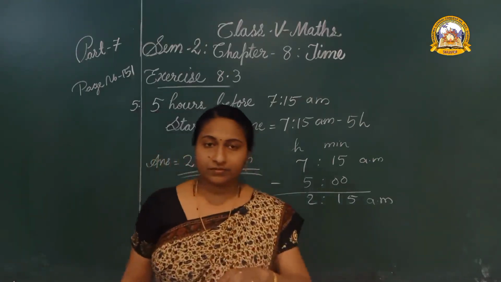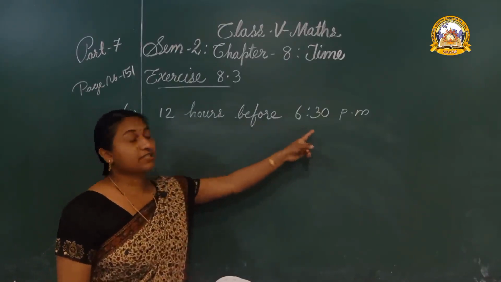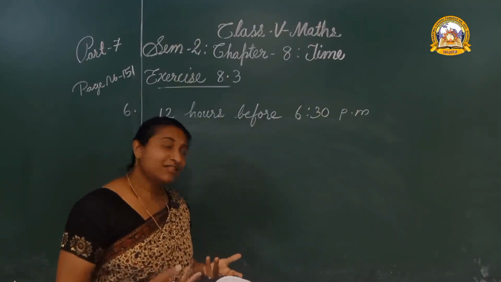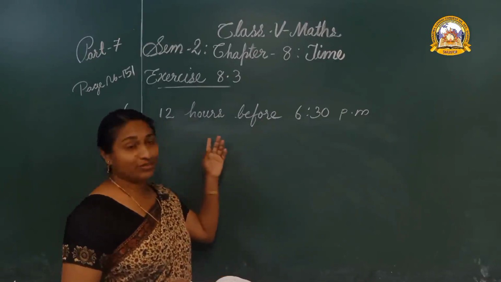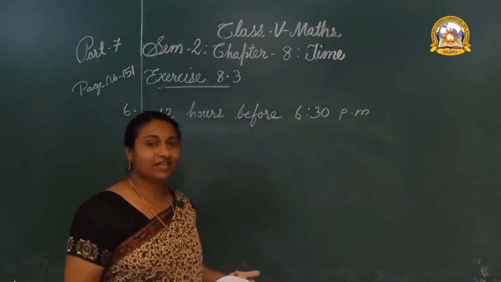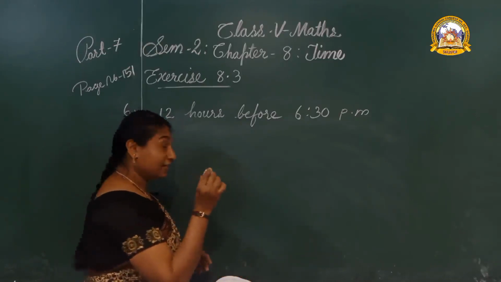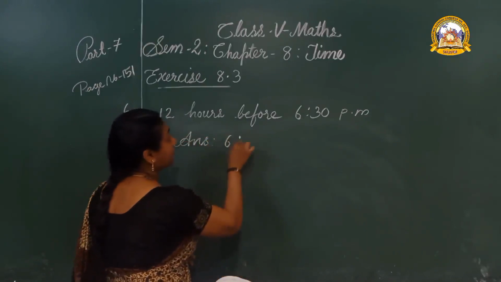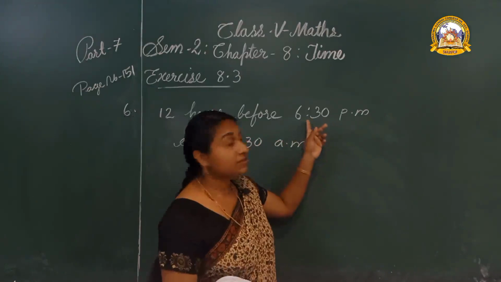Okay, very easy work. Then sixth one, 12 hours before 6:30 PM. 12 hours before 6:30 PM means 6:30 AM. Okay, you know that 12 hours before 6:30 PM means 6:30 AM. So just let us write that answer very easily. Answer 6:30 AM. Okay, 6:30 PM.